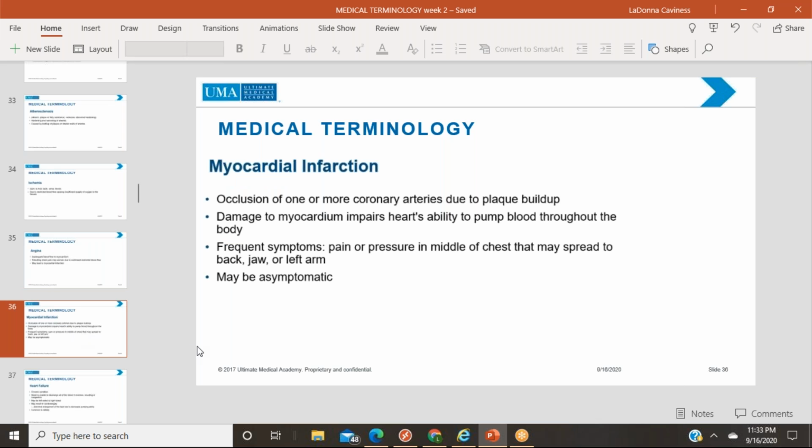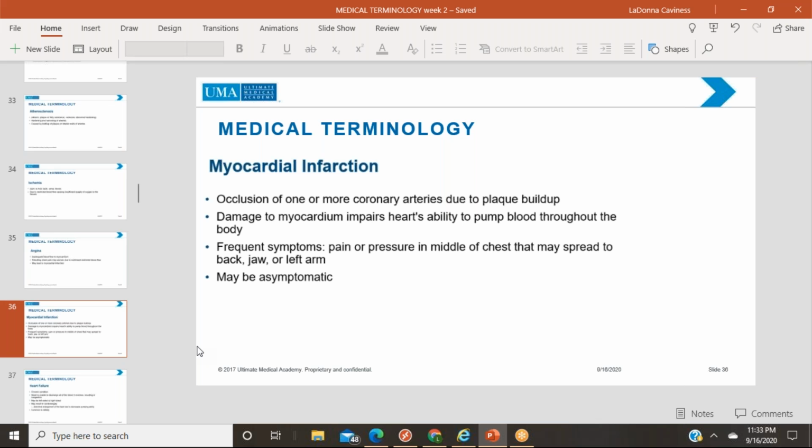Myocardial infarction is an occlusion of one or more coronary arteries due to plaque buildup. Damage to the myocardium impairs the heart's ability to pump blood throughout the body. Frequent symptoms consist of pain or pressure in the middle of the chest that may spread to the back, jaw, or left arm.